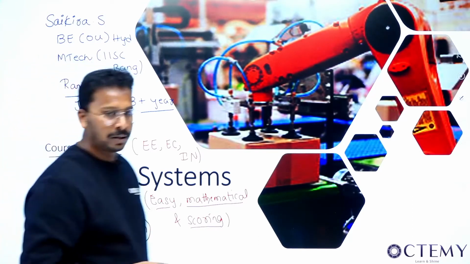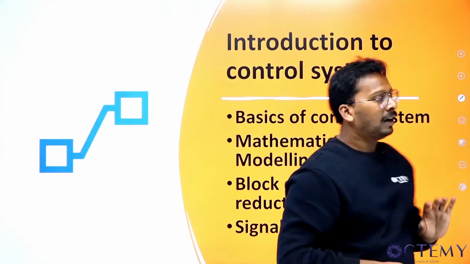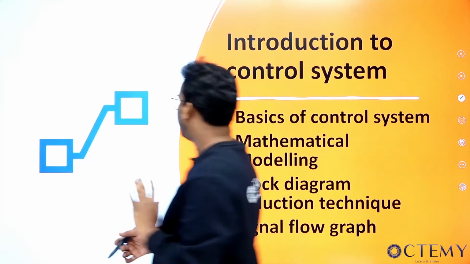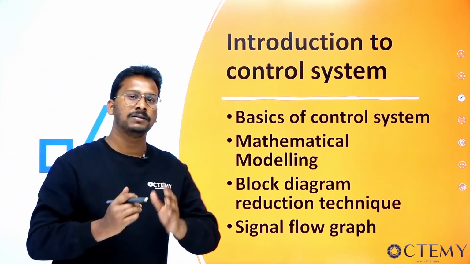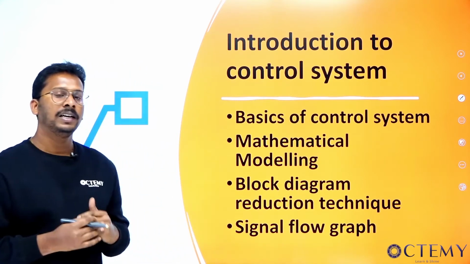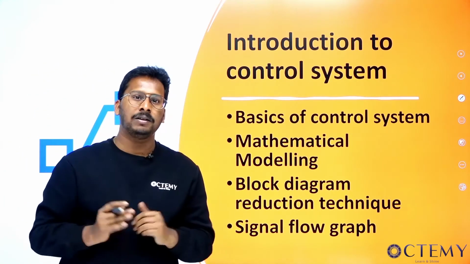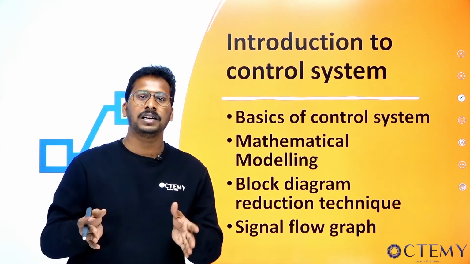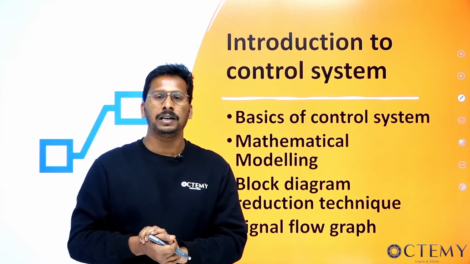So the next one, if I go to the next slide, I have given you the topics like this. The first topic is basically introduction. So whenever we start a subject, we will talk about the introduction of it. We will see what is there in that, right? Now what we'll be doing in this particular subject is you will have a physical world equipment, sir. Say you have a system built, right?